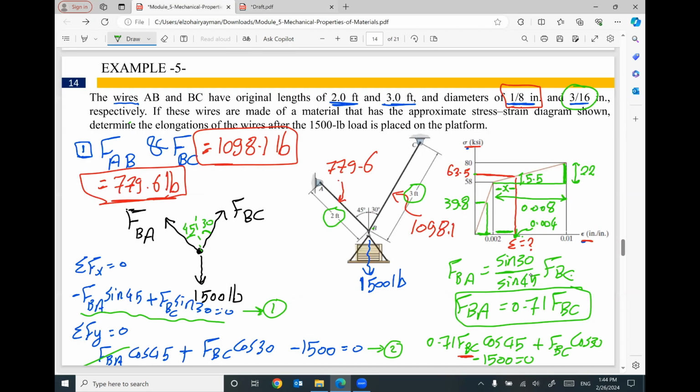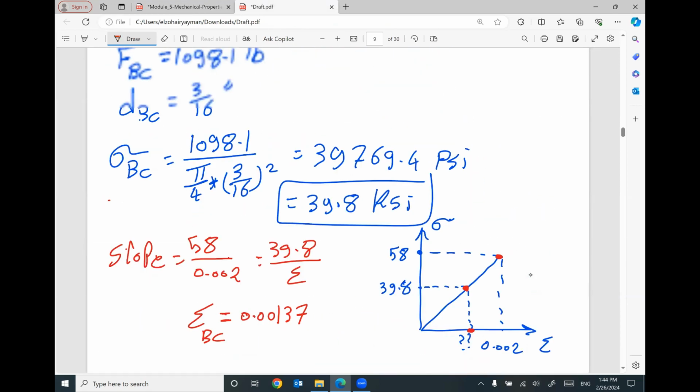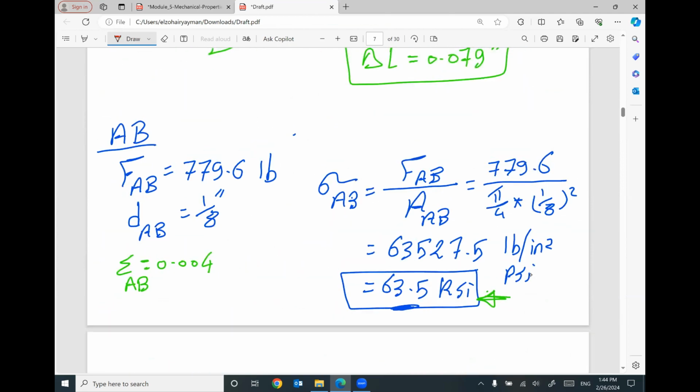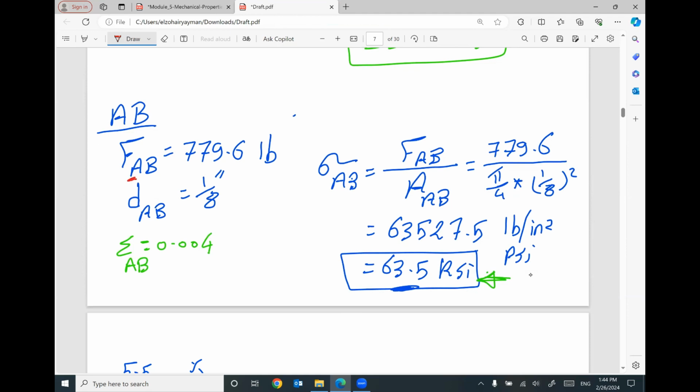That makes sense? So this example is a very good example. We need to figure out the expected elongation in the wires BA and BC. So we have to start first with the engineering mechanics part to figure out the internal forces in these wires. Once you get the internal forces, I can figure out the stress by dividing this force by the cross-section area.